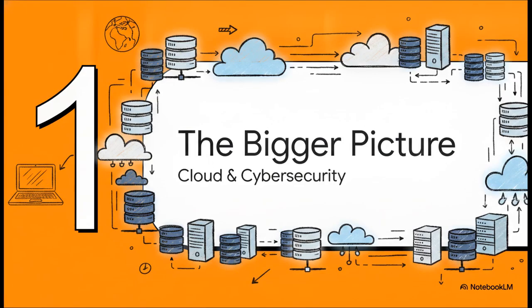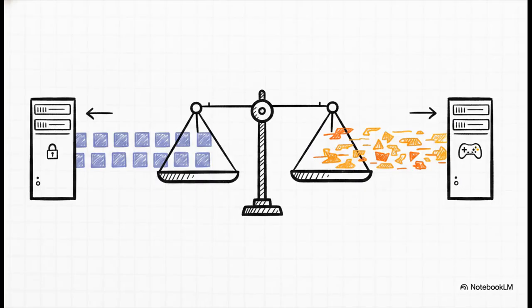All right, moving right along to the bigger picture, cloud architecture and cybersecurity. Now, let's zoom out a bit from your personal laptop to the massive cloud infrastructure actually powering the modern internet. Because at a global scale, understanding these two protocols isn't just fun trivia, it is absolutely foundational to building the web. At the enterprise level, cloud load balancers, like the incredibly powerful ones running at Amazon Web Services, Microsoft Azure, and Google Cloud, are out there constantly managing millions of simultaneous connections.